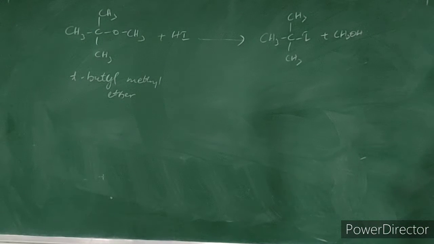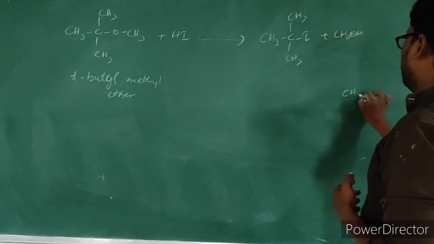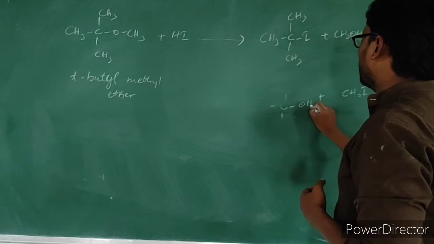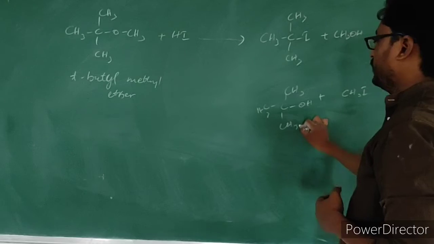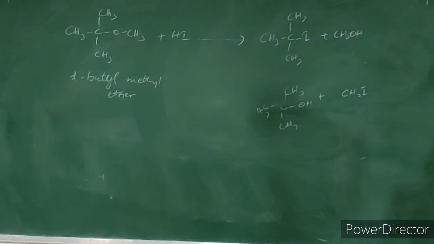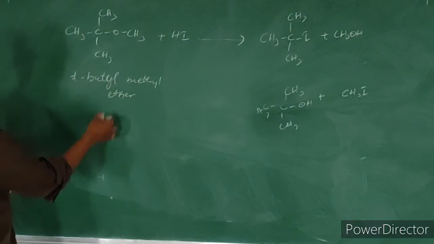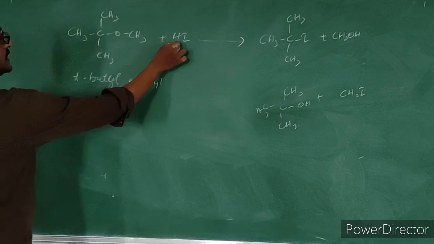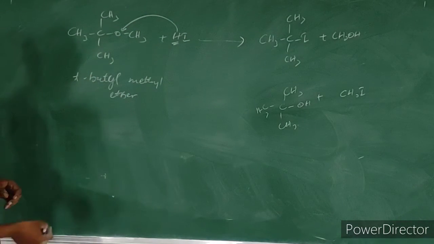You can get a doubt: why are the products not methyl iodide and tertiary butyl alcohol? The reason is that in this tertiary butyl methyl ether, when the H plus ion attacks the oxygen, it forms an oxonium ion.